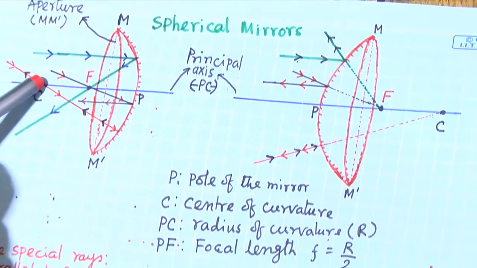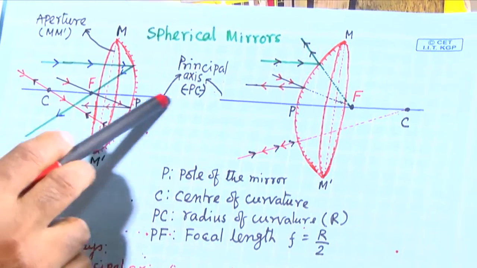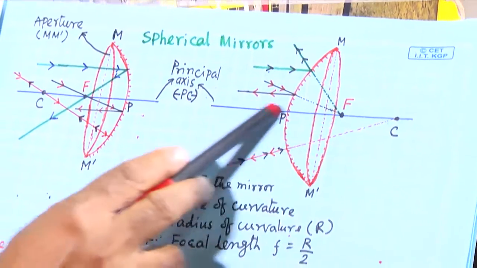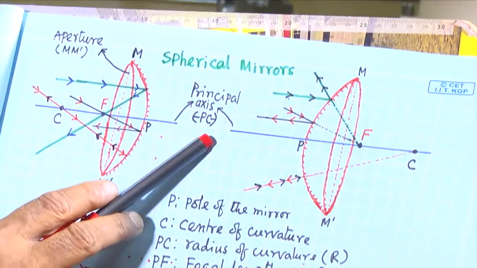The line passing through C and P is called the principal axis, right.